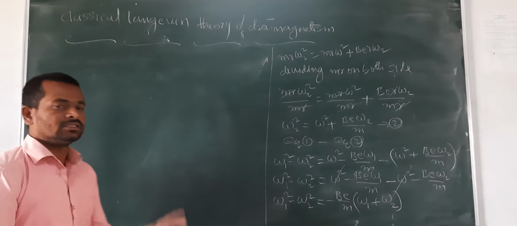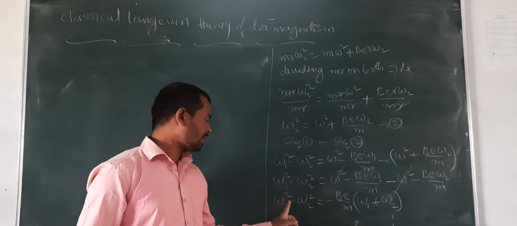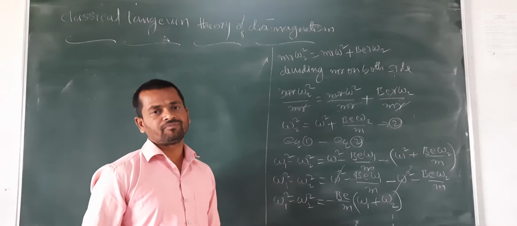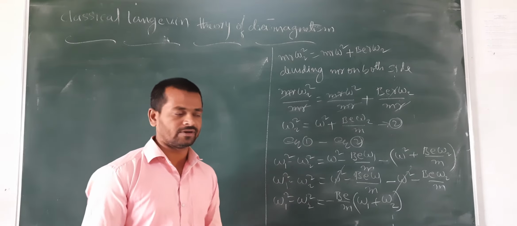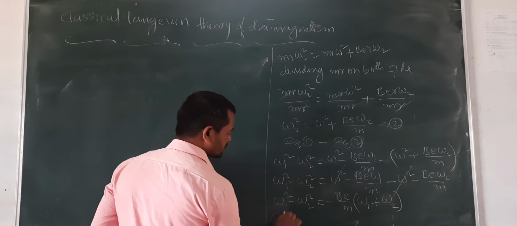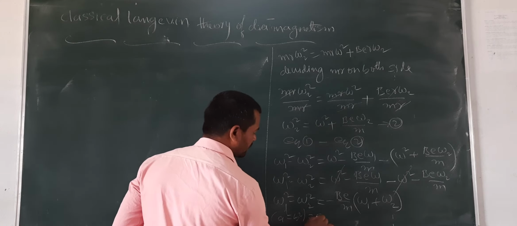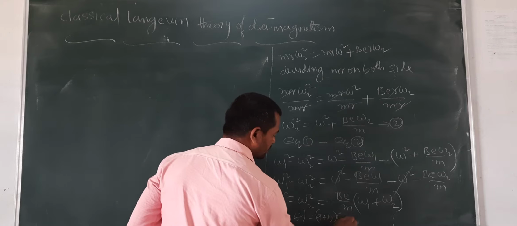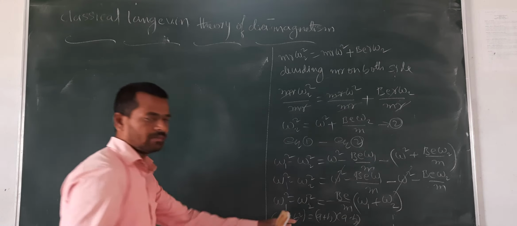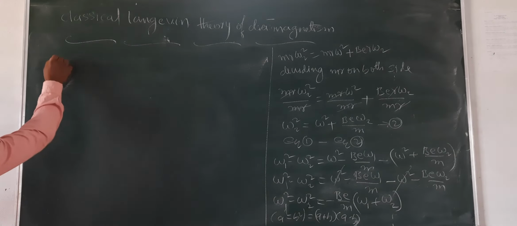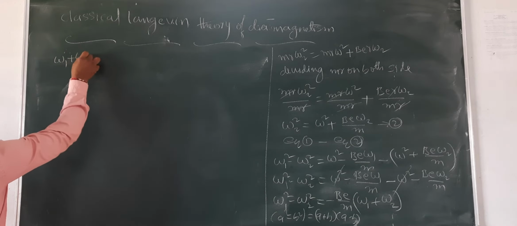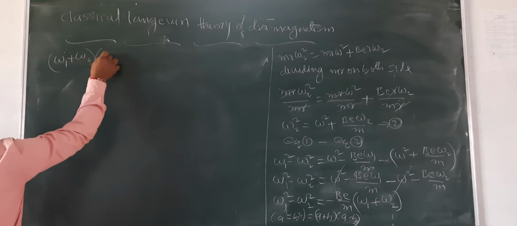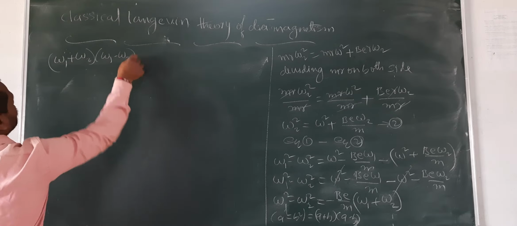Now check it. a square minus b square form, so we can write it as (a plus b) into (a minus b), right? Where a square minus b square can be written as (a plus b) into (a minus b). In the same manner, I am going to write (omega 1 plus omega 2) into (omega 1 minus omega 2).